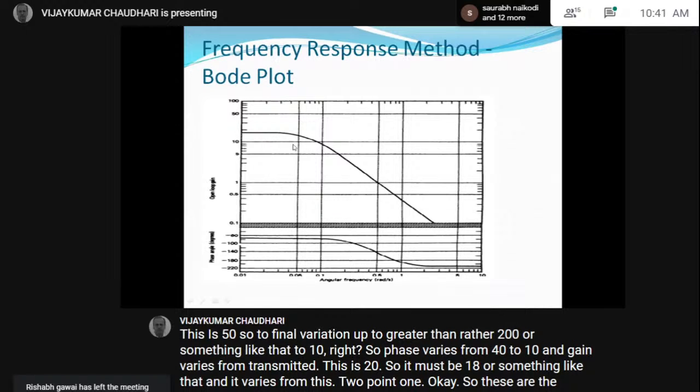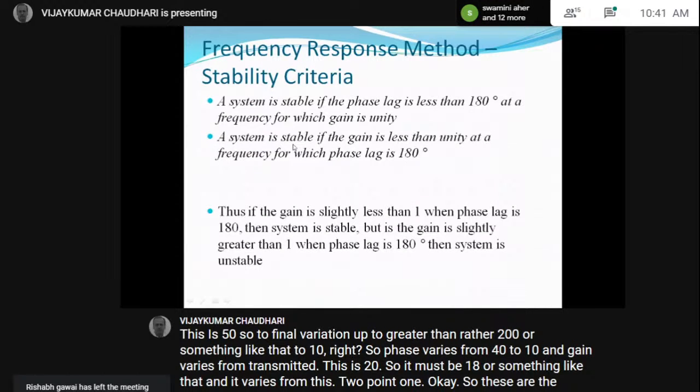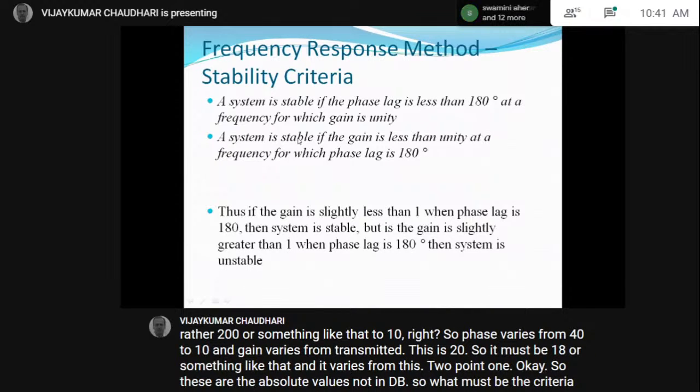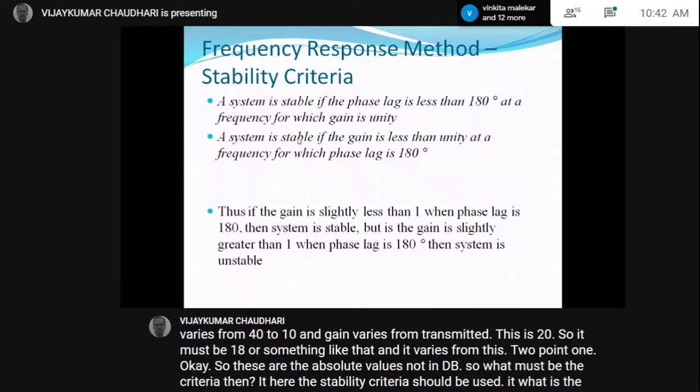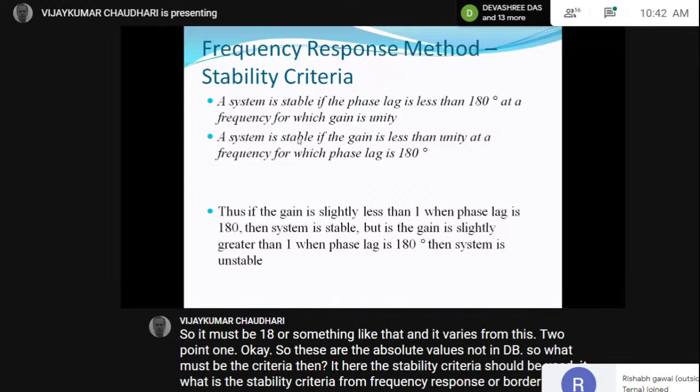So what must the criteria be then? Here the stability criteria should be used. So what is the stability criteria from the frequency response or Bode plot? A system is stable if the phase lag is less than 180 at a frequency for which the gain is unity.